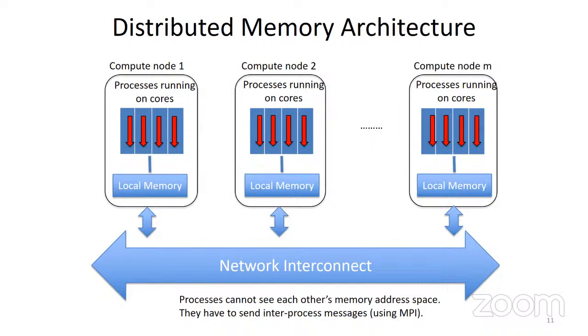Each processor has its own local memory, and they communicate through a network interconnect. This is bidirectional. This local memory can communicate through the network, and they can communicate with each other.